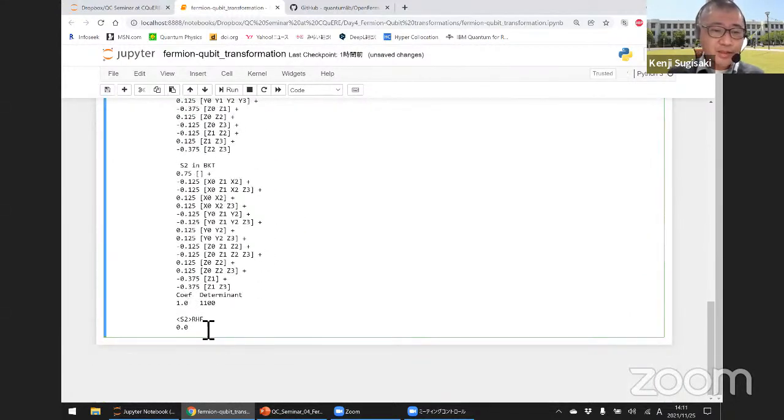The result is of course 0 because the RHF wave function is the spin singlet wave function.